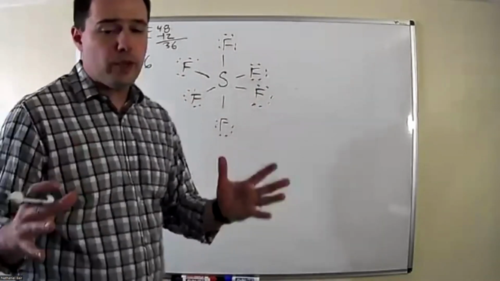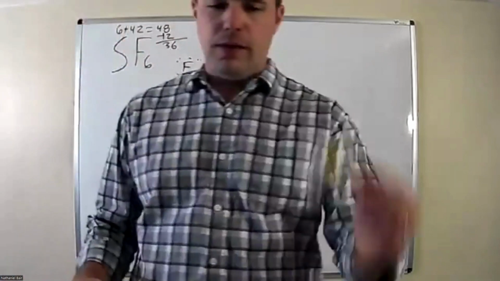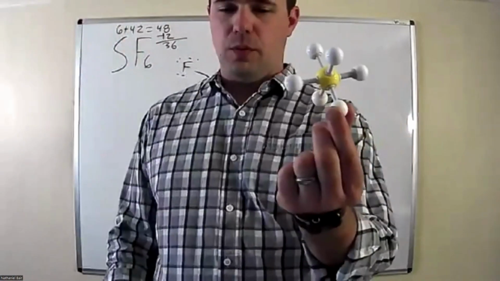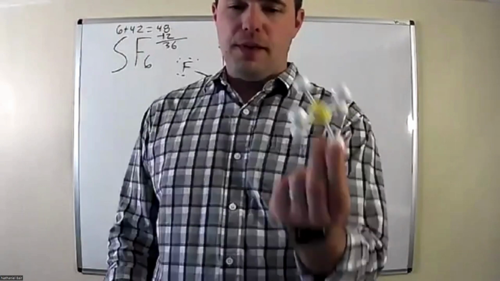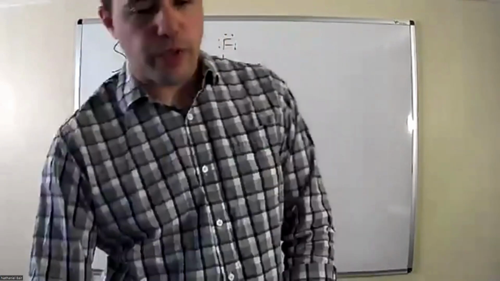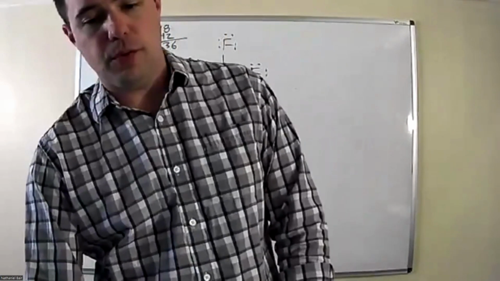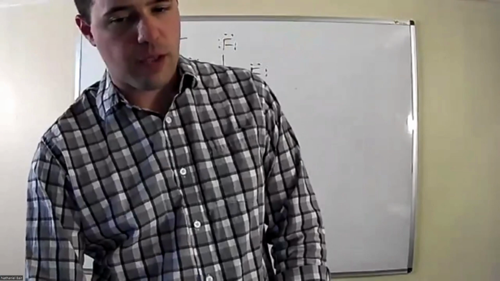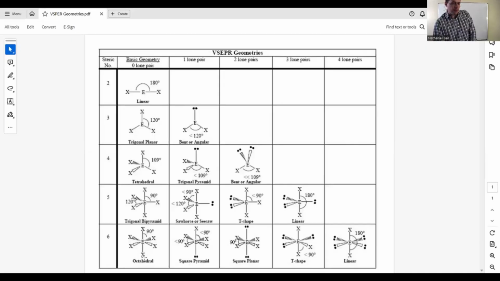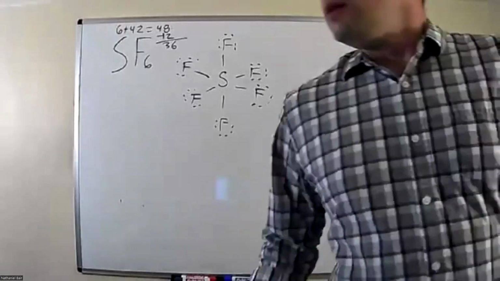But how do we draw it? Well, here it is. This is our octahedral molecular geometry, and it is pretty awesome. We do need 2 sets of wedges and 2 sets of dashes, though. If you look at that octahedral molecular geometry, you're going to have 2 groups coming out at you, 2 groups going away from you, and everybody is 90.